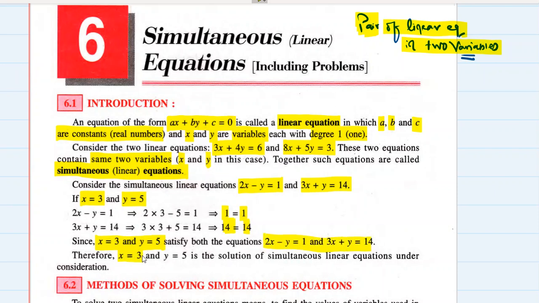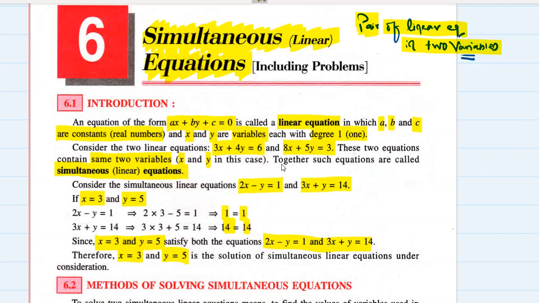Therefore, x is equal to 3 and y is equal to 5 is the solution of the simultaneous linear equations under consideration. So, the idea behind this whole chapter is to solve these pair of linear equations in two variables and find the value of x and y.